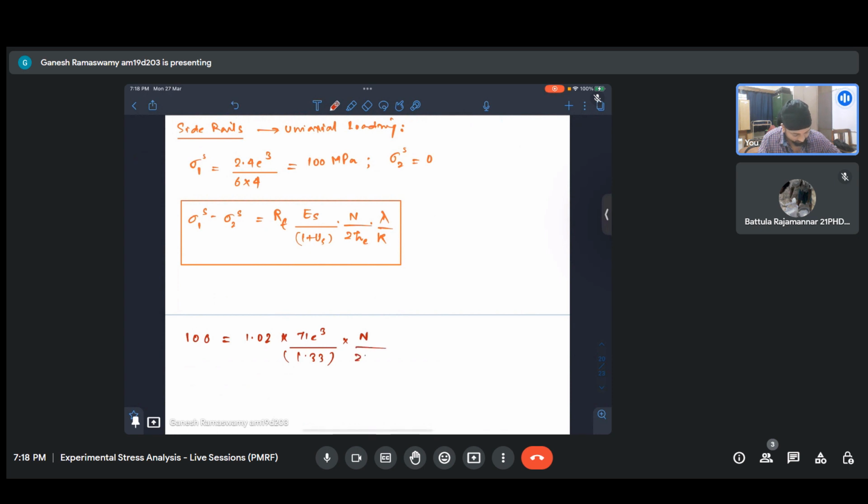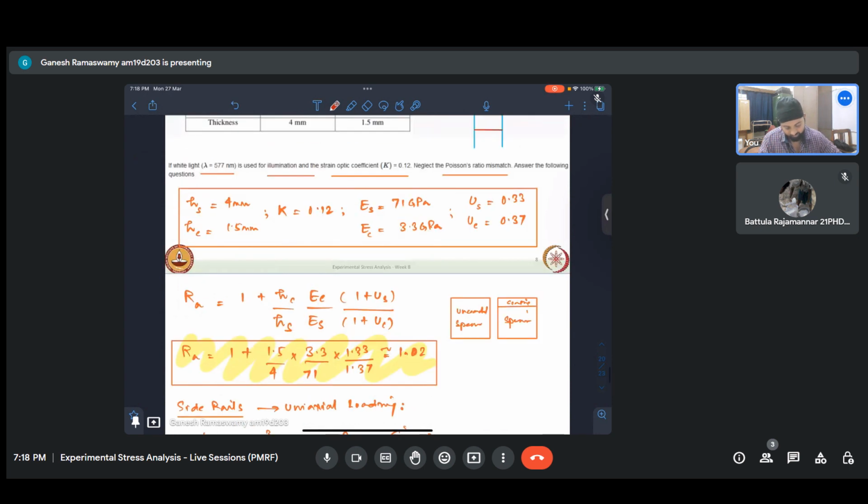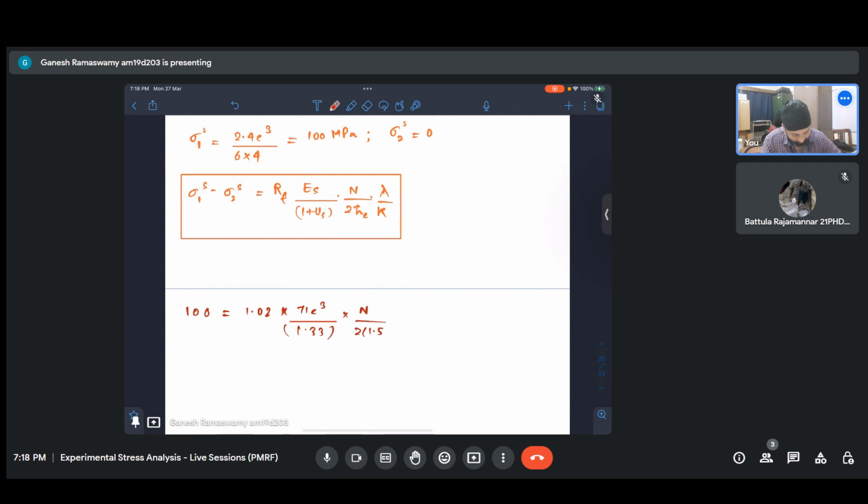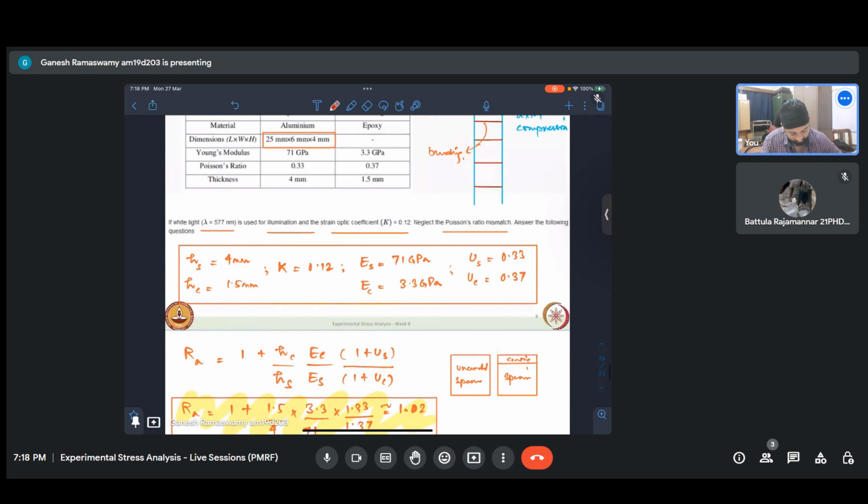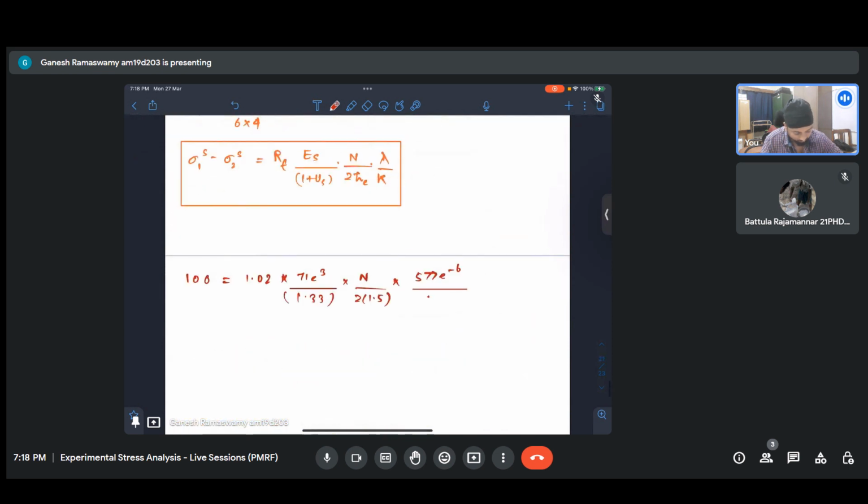HC is 1.5 into lambda. I'm straight away writing it in mm rather than meters and then converting it back. And K is in the question, it is given to be 0.12. So from here, I can back calculate N. Let's do that. 77 minus 6, right?